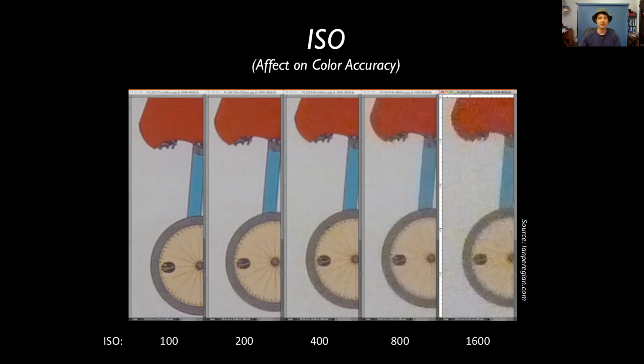And here again is another comparison of as we go ISO 100, 200, 400, 800, and 1600, it's not so important these actual values because sometimes as camera manufacturers are getting better at making cameras sensitive to light, this changes over time.